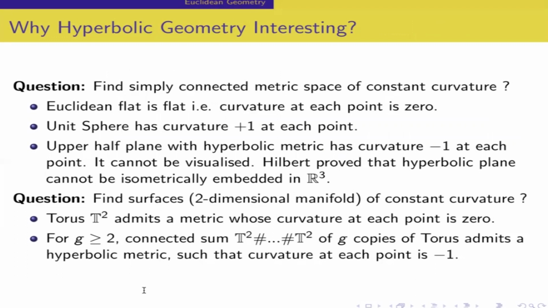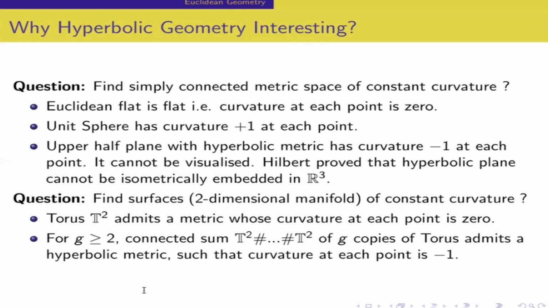Let me ask you this question: find a simply connected metric space of constant curvature. If you have learned about the fundamental group, a topological space is said to be simply connected if it is path connected and its fundamental group is trivial.